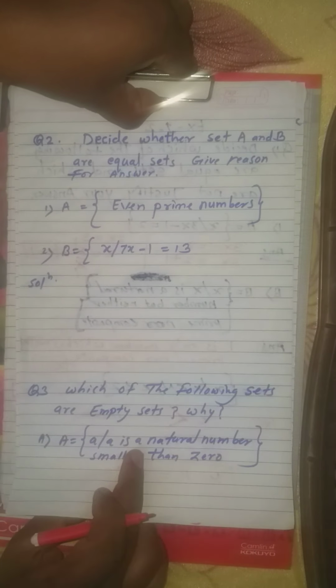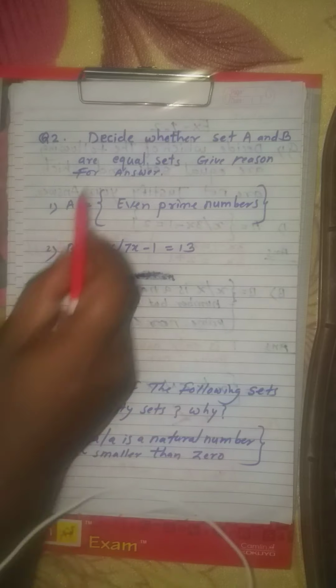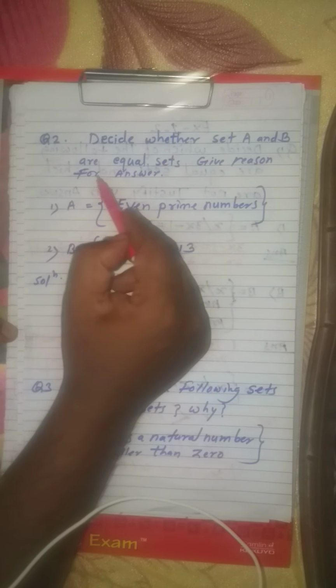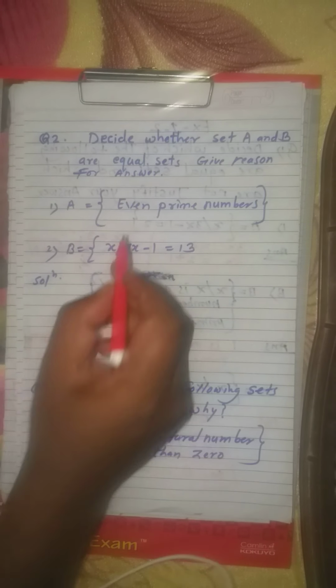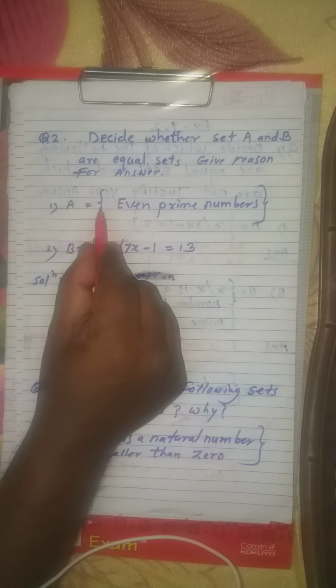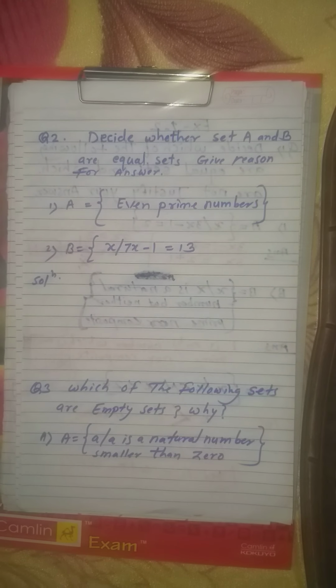Now next example. The second question is given like this: decide whether set A and set B are equal sets. Give reason for answer. Now two sets are given here. First set A is the even prime number. Now dear students, many times this question comes in this first exercise and also the second exercise.